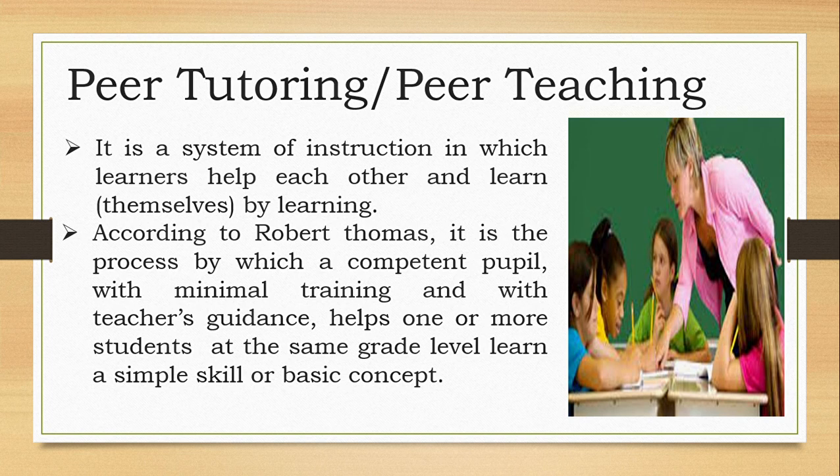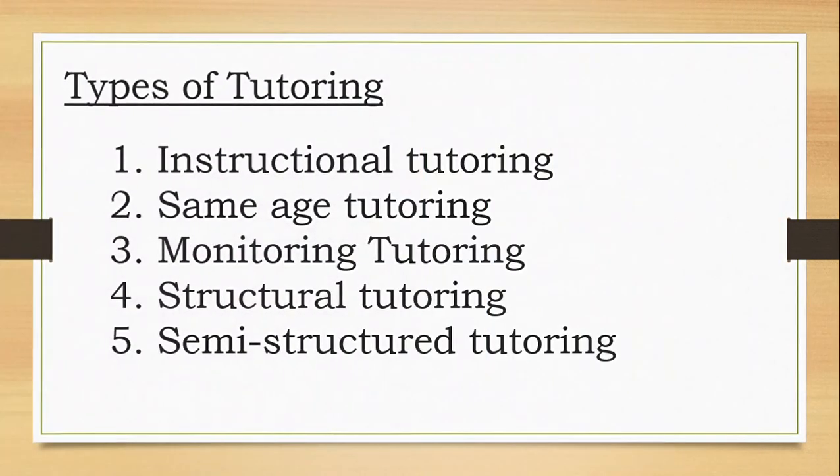So, although you allow more competent learners to help other learners, it is also important that the teacher guide them. Now, there are five types of tutoring: the instructional, same age, monitoring, structural, and semi-structured tutoring.